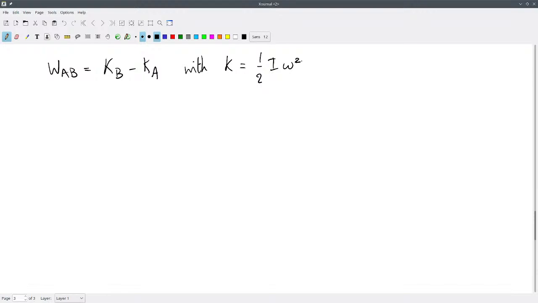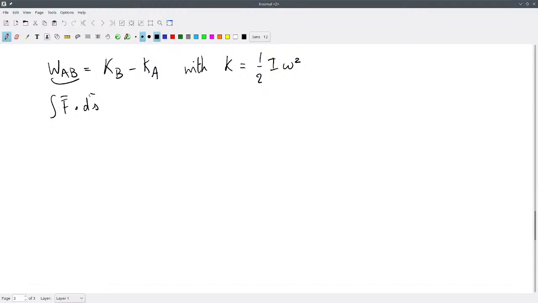What we don't have yet is another way to calculate the work. In the case of linear motion, we had that the work was F dot dl along some trajectory that we're calculating. Let me call it not dl, let me call it ds.